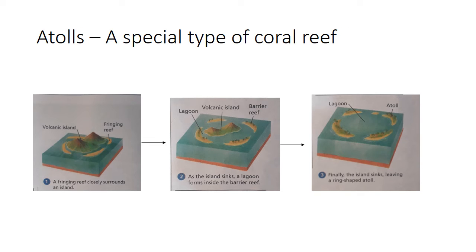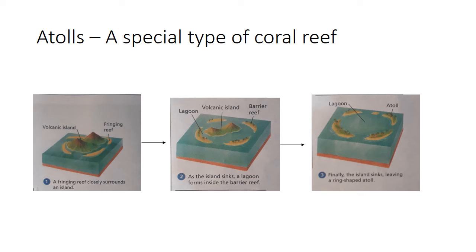Lastly, we're going to talk about a special kind of coral reef. These coral reefs are called atolls. Atolls are coral reefs that form in the deep ocean. You guys will remember that volcanic islands can be formed when a volcano under the ocean reaches the surface.